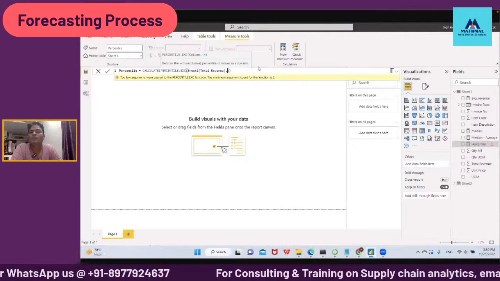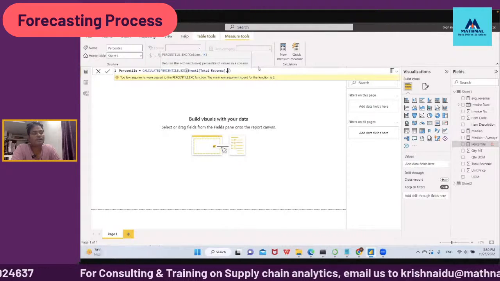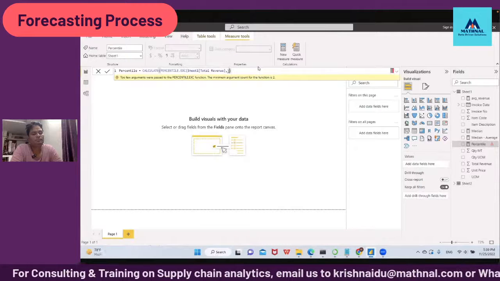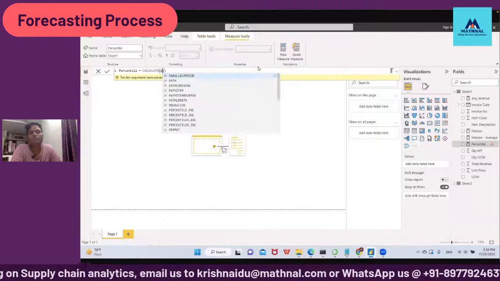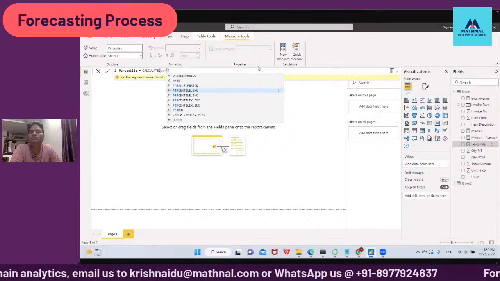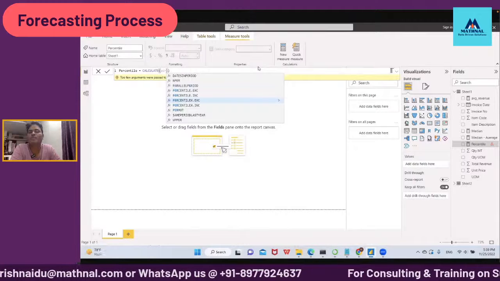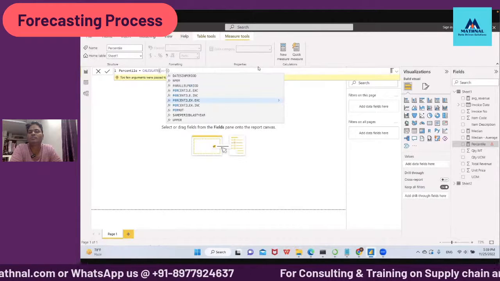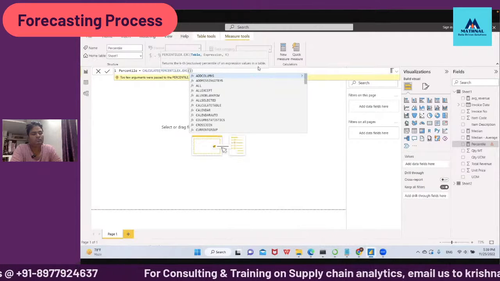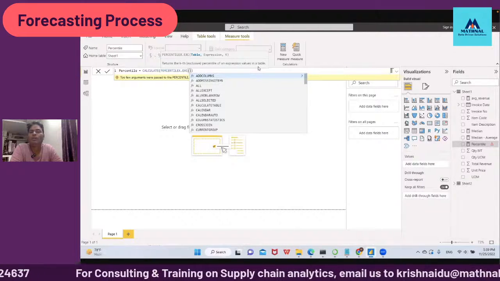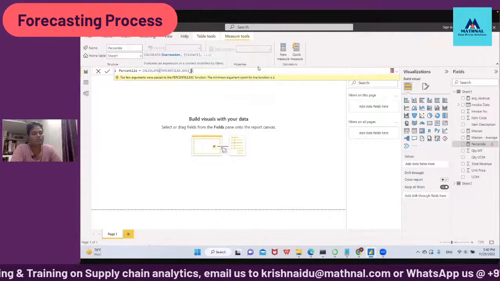Too few arguments. Okay. Once again, remove this. We go to percentile.x. Percentile x. Now remove all the brackets. Just keep it simple.